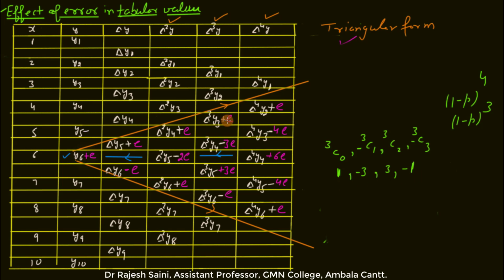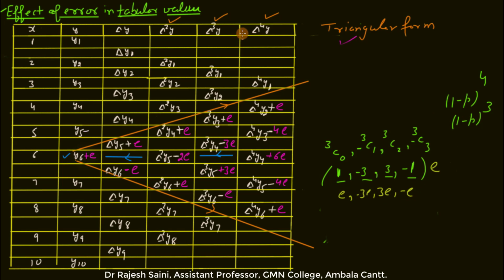So the error coefficient is 1, the next is minus 3, the next is 3, and the last is minus 1. So if I write over here E, this will become E, minus 3E, 3E and minus E.